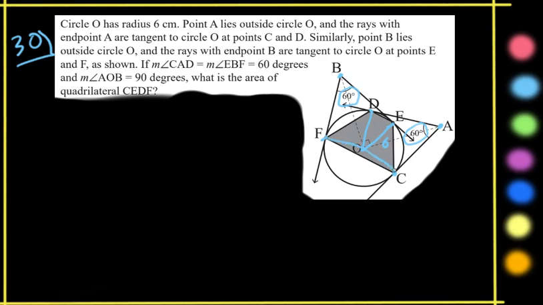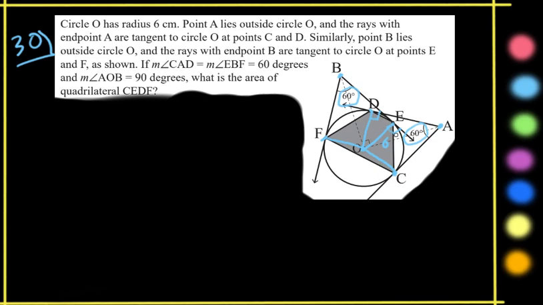Like this, okay. So the first thing we can do is we can say that this is a right angle here, between this AD and this radius, because anytime you have a tangent line, it's always perpendicular to the radius. And the same is true here between this radius and this tangent line.